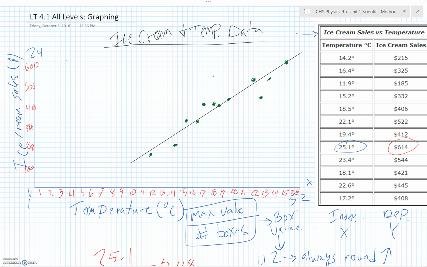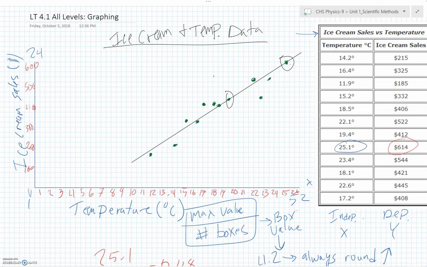Previously I stated that we need to identify 2 points that our line went through, which I very carefully made sure happened. So I'm just going to choose 2 points. It's better if they're spaced out a little bit more, but I just decided to pick those 2 points.